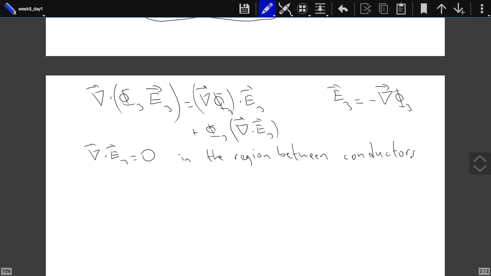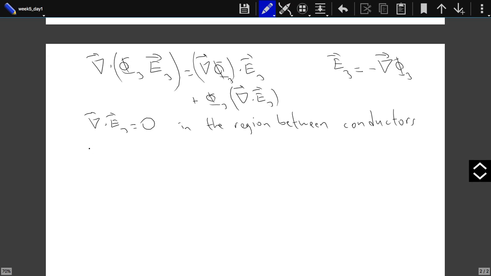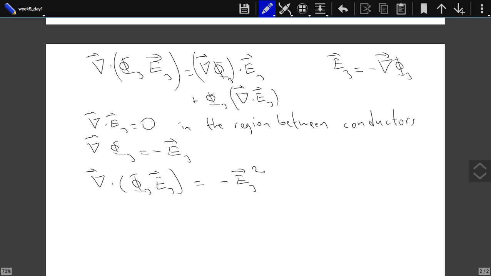All the charges are on the conductors. And the gradient of phi3, we had already said, is equal to minus E3. So what this tells me is that the divergence of phi3 times E3 is equal to minus E3 squared. The second term is 0, and the first term just gives me minus E3 squared.